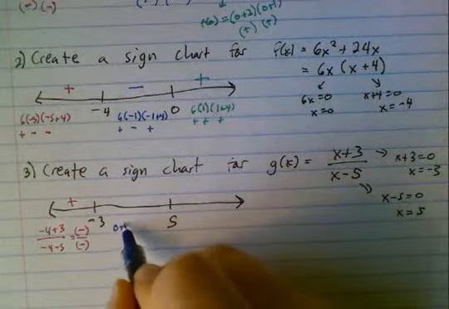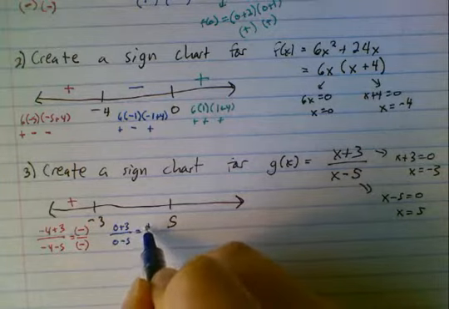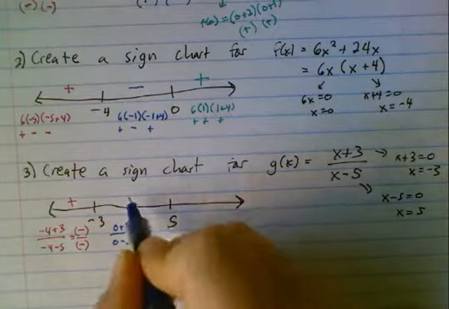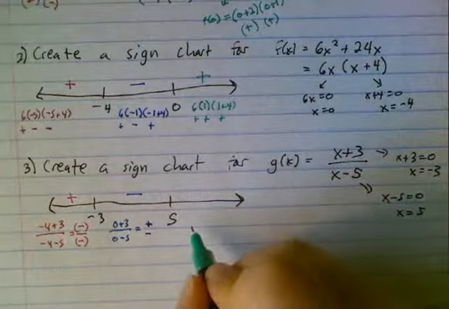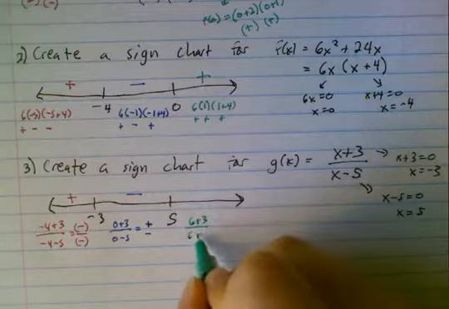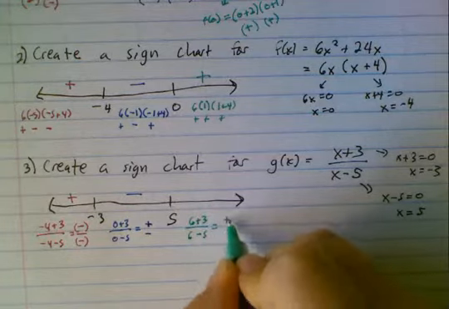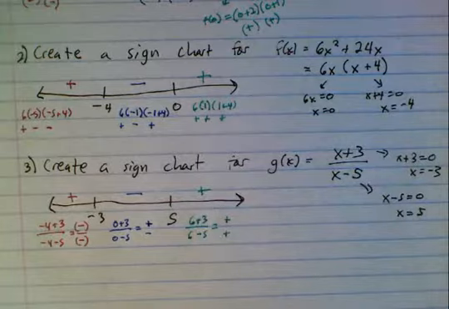So we've got 0 plus 3 over 0 minus 5. So that's a positive and a negative. Negative overall. A number bigger than 5, so 6 plus 3 over 6 minus 5. That's a positive, that's a positive, positive overall.